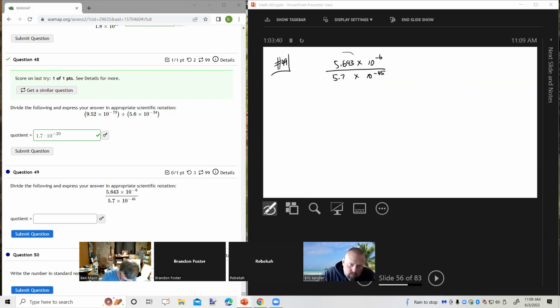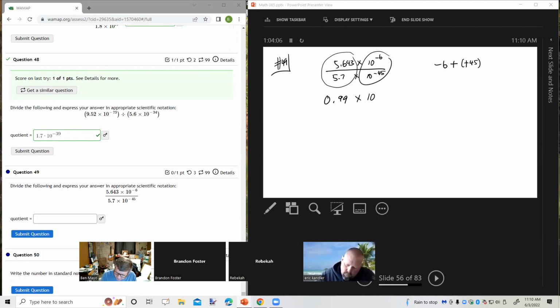Okay, so we'll do the first part. 5.643 divided by 5.7 is 0.99, and then times 10 to the top exponent minus bottom exponent. So negative 6 minus negative 45, subtracting a negative is like adding a positive.